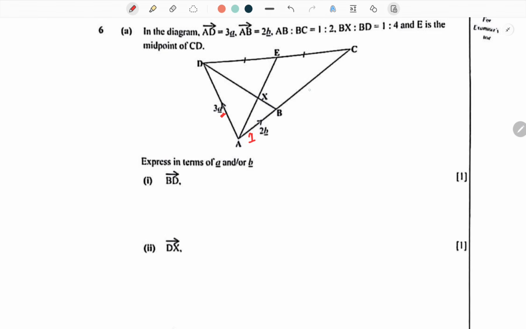Then of course this is supposed to be our 2. And then of course BX is 1 over 4 of BD. So this is our 1, and eventually this is going to be our 3.